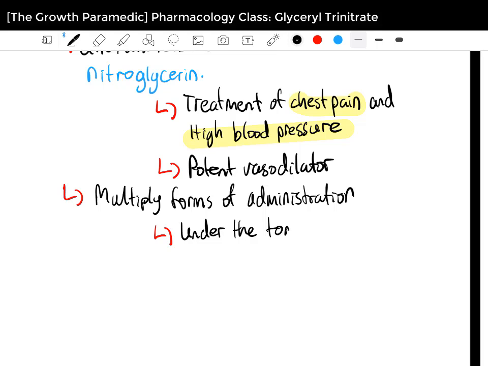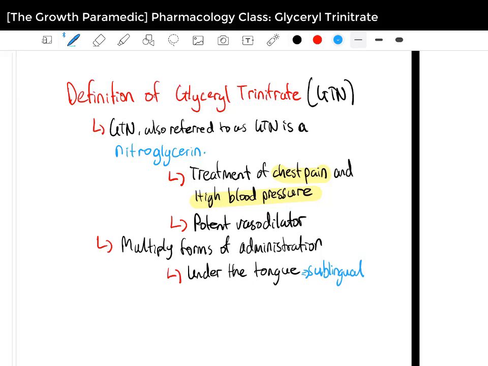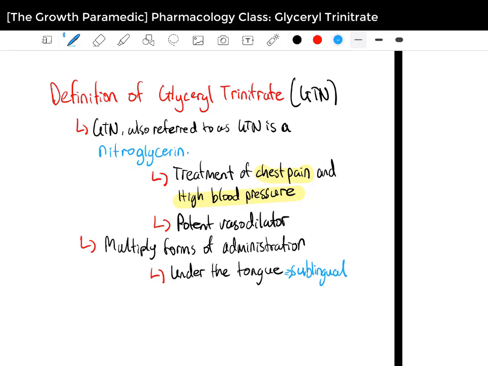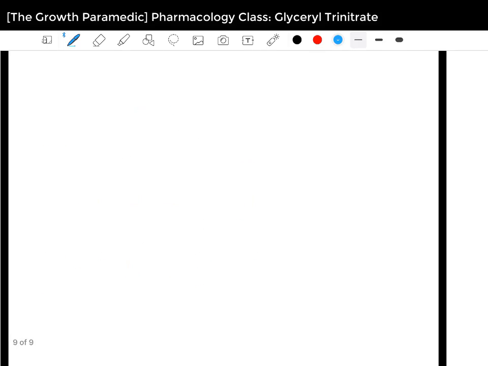There is a spray, but we generally have the tablet form that you put underneath the tongue, and that's referred to as sublingual. So we administer GNT sublingually. And sublingual is basically under the tongue. So that's a more fancy way of saying it. So that's mainly it for the definition. Not too long today. So let's head off to the pharmacodynamics then. Let's move on.